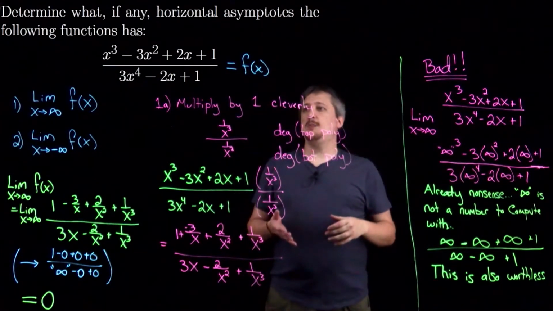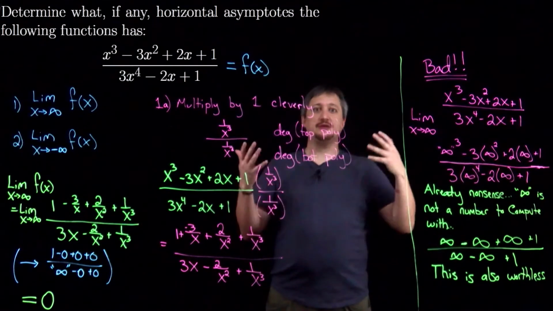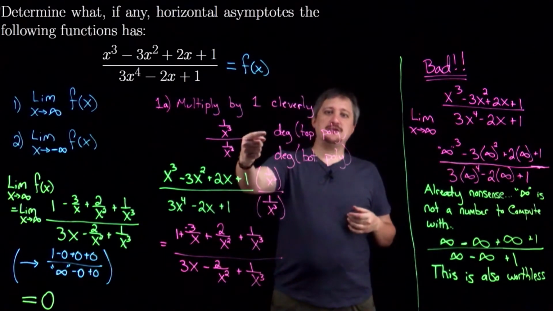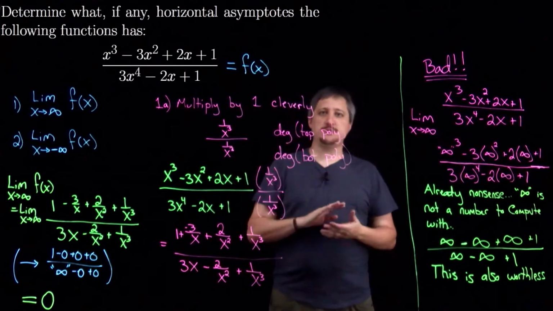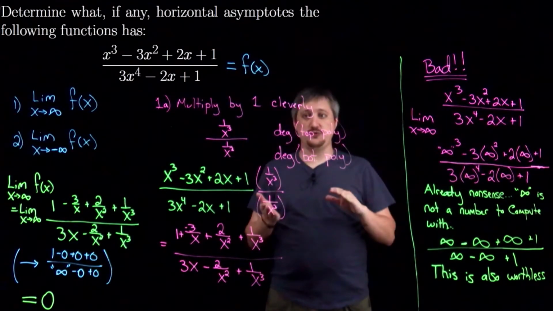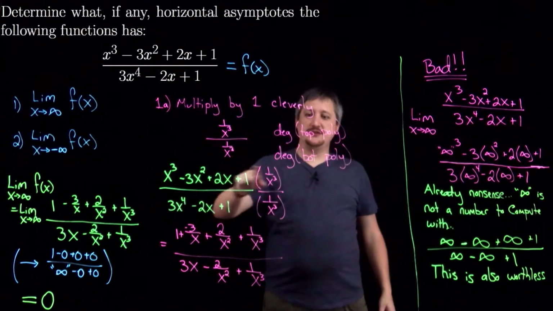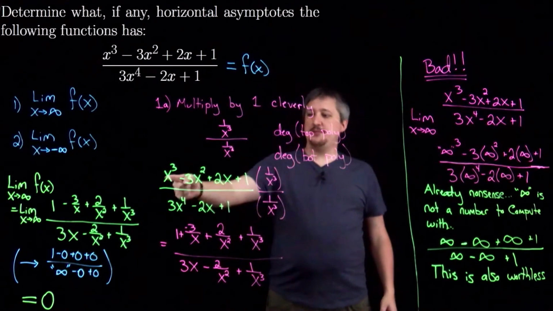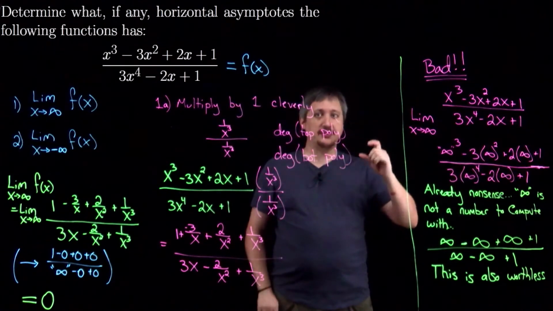Instead, we want to do this trick of multiplying by 1 cleverly. In particular, we're taking the degree of the top polynomial and the degree of the bottom polynomial, and we're taking the smaller of those two. In this case, I had a 3rd degree and a 4th degree, so I took the 3rd degree, an x to the 3rd term, and I multiplied everything on the top and bottom by 1 over x to the 3rd.